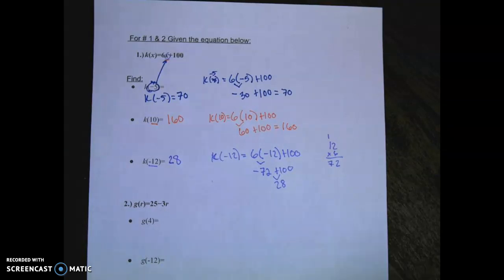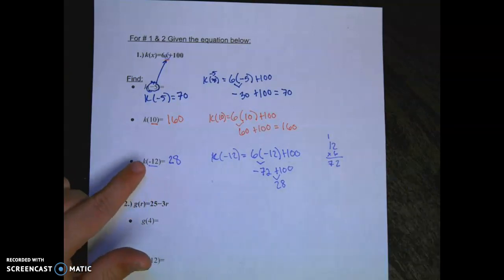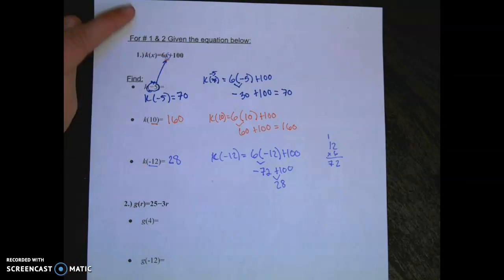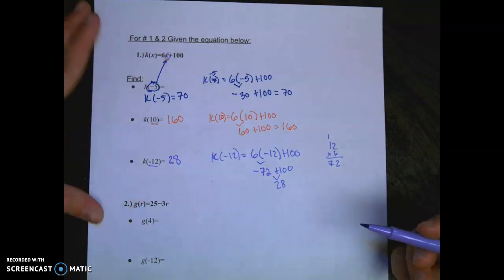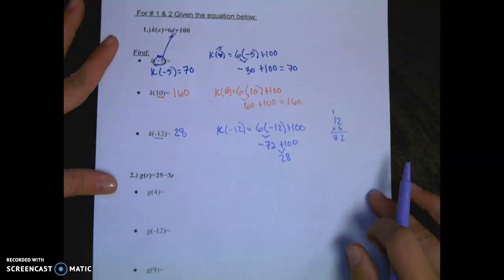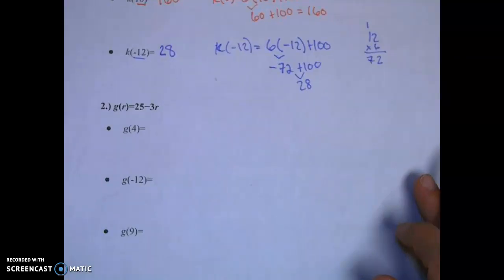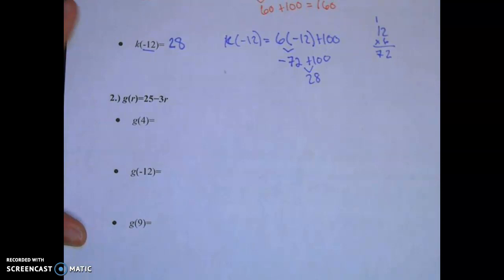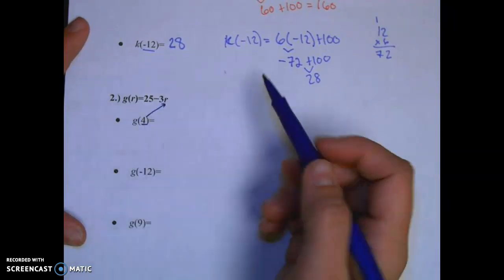Okay? So all we're doing when we see a number inside of the parentheses of the function, we're going to take it and put it wherever the x is, or it could be r, g, q, anything like that. So we're going to move to the next one, down here. And we're going to do the same exact thing. So I'm going to take this 4 and plug it in right here where this r is.